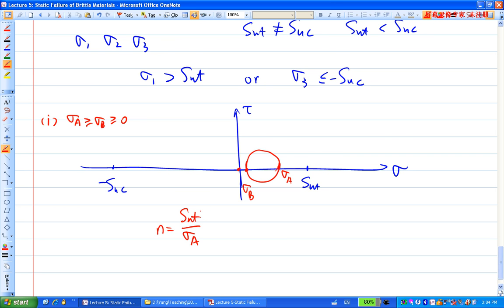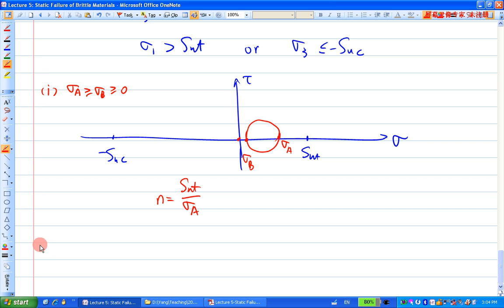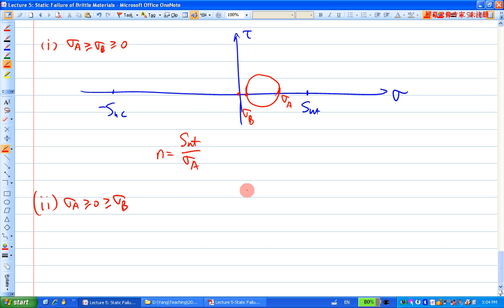Now the second case is when sigma A is greater than 0, which is greater than sigma B. Let's say I have SUT and negative SUC marked in the drawing.